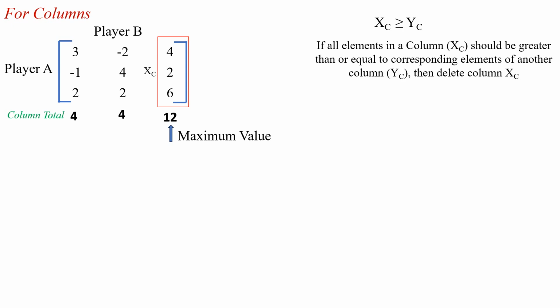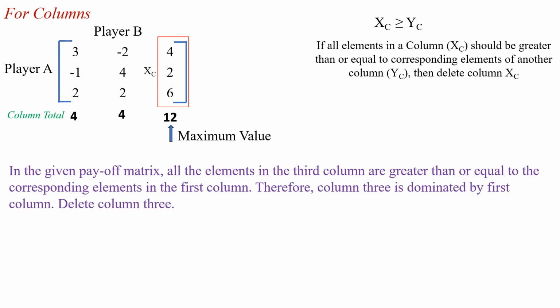Here 4 is greater than 3 and 2 is greater than -1 and 6 is greater than 2. So all the elements in the third column are greater than or equal to the corresponding elements in the first column. Therefore, column 3 is dominated by the first column. Then we have to delete column 3.